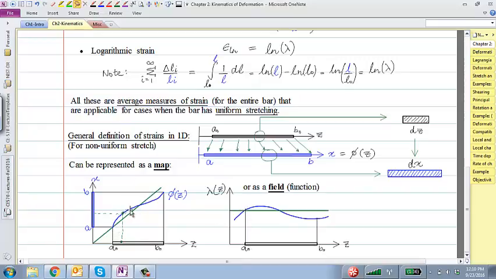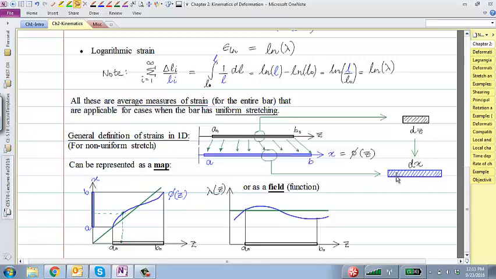It looks very similar to this shape now, but it's oriented as a function of the undeformed variable Z. So the important thing here is that stretch becomes a field variable, that at different points in the body, you have different amounts of stretch.